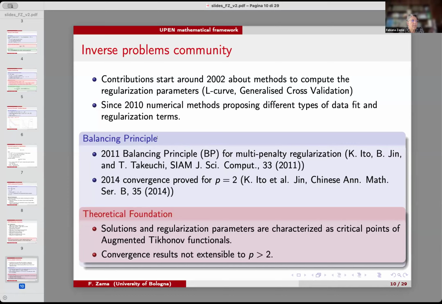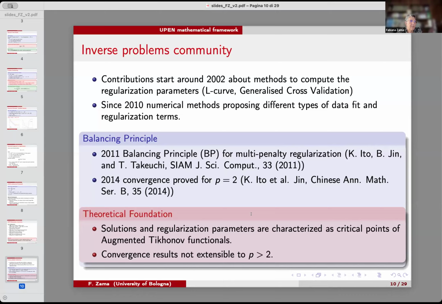They were interested in multi-penalty regularization, and they were able to express from a mathematical point of view the need of balancing the amount of regularization and data fit. However, they were able to prove the convergence only for two regularization terms.